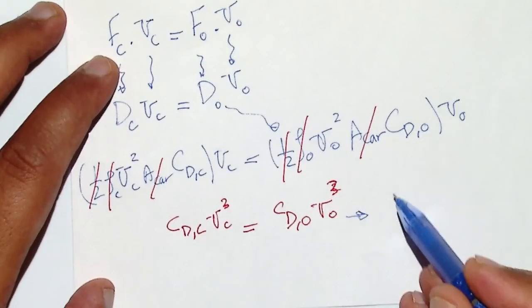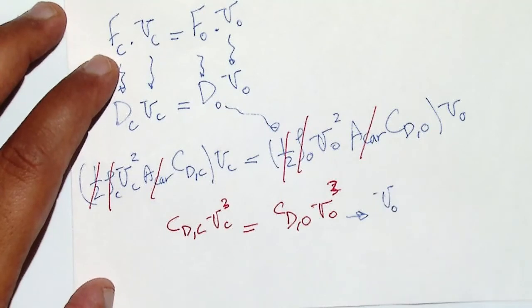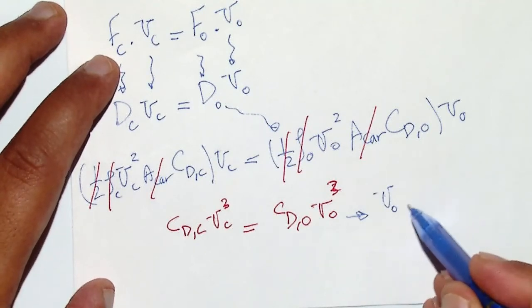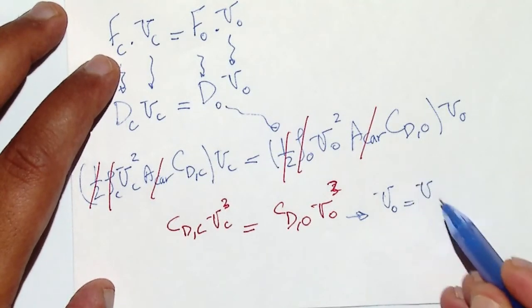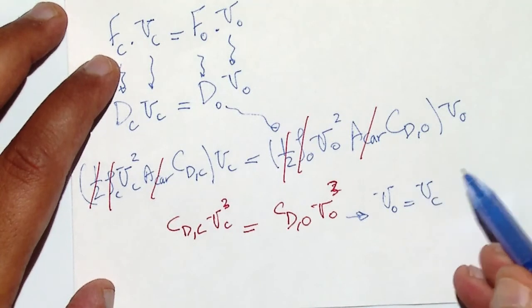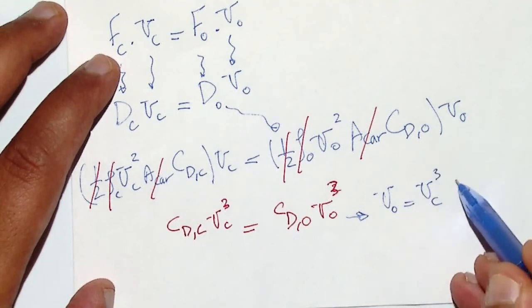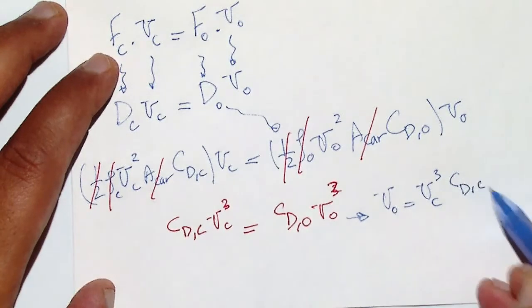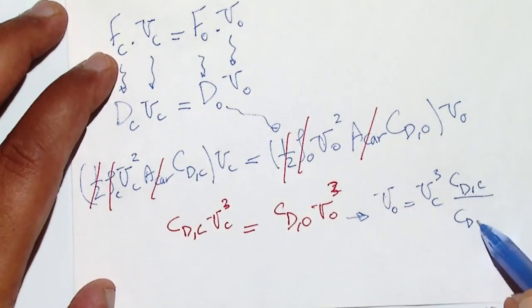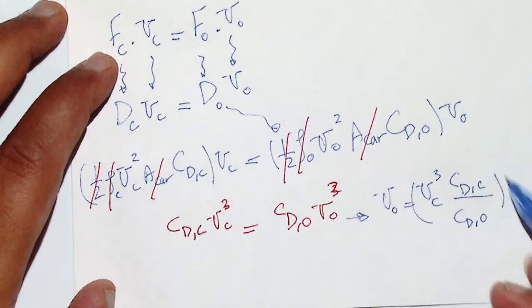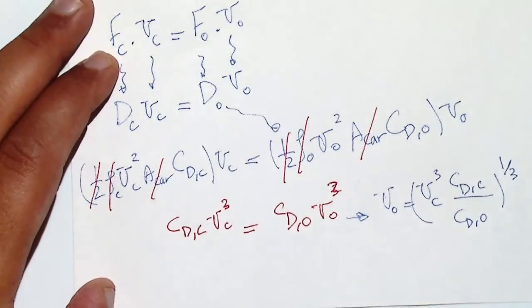So you have to find the velocity in the open one, and it has to be equal to velocity of the closed one to the power of 3 times CD of the closed one over CD of the open, to the power of 1 over 3.